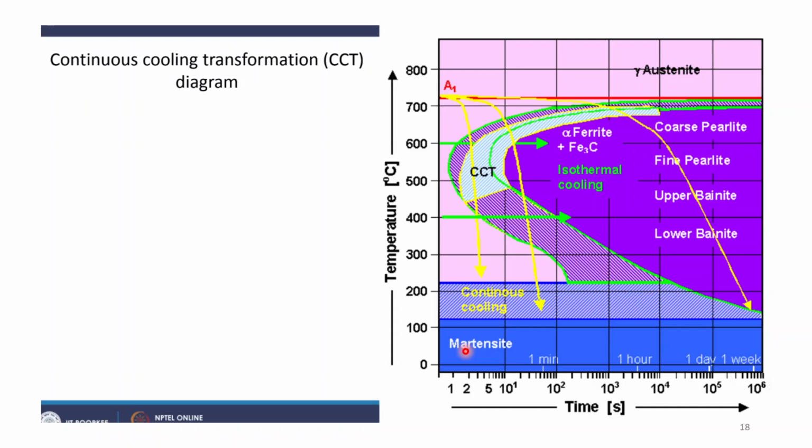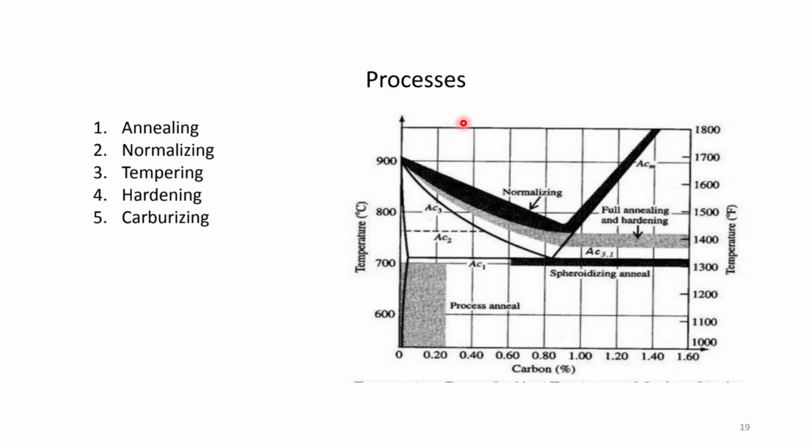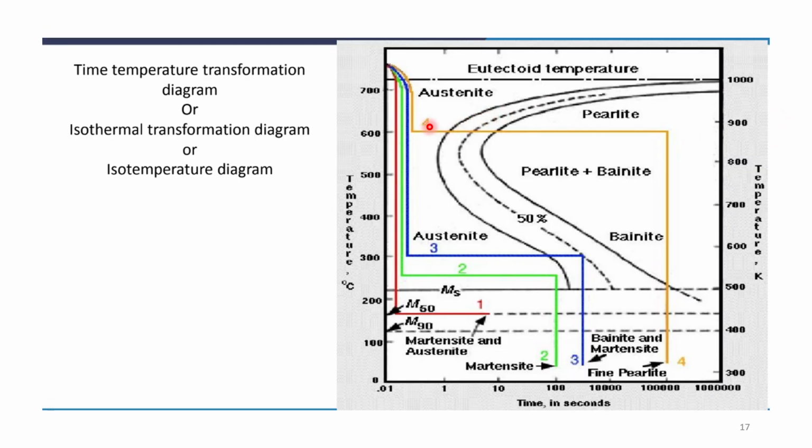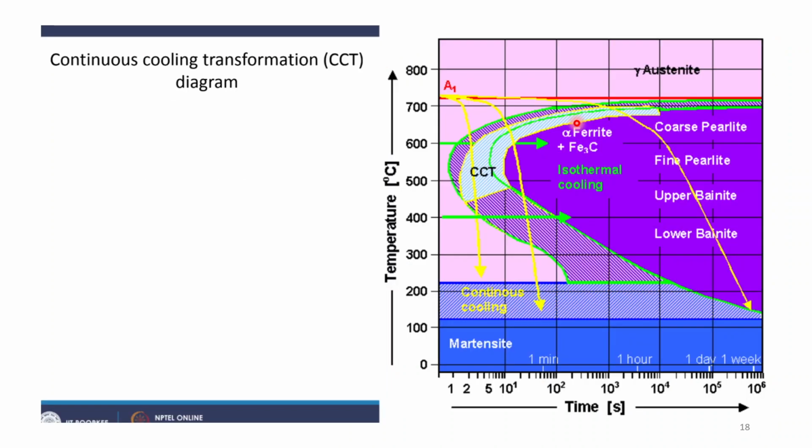Next is continuous cooling transformation graphs. Here the cooling curves will be continuous, so they won't have this isothermal type of cooling. Okay, so it won't be held at a particular temperature for the transformation. So these are continuous cooling diagrams.